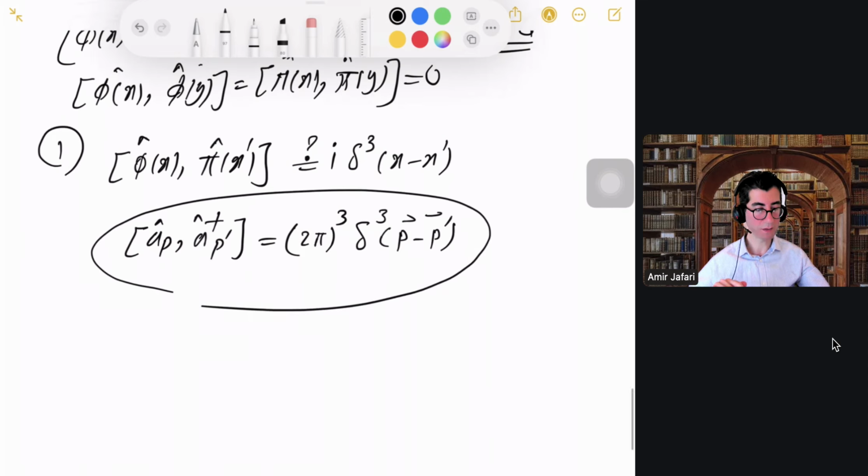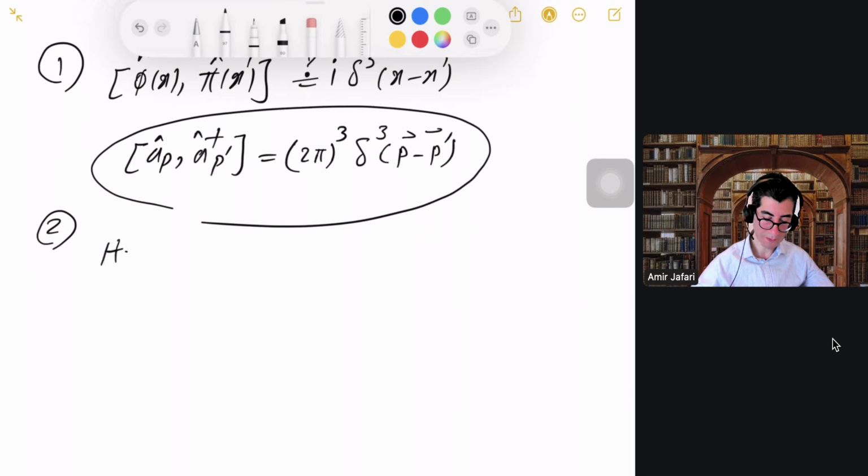And also another calculation I encourage you to do yourself is the Hamiltonian. You can write the Hamiltonian as the integral of the Hamiltonian density, and this can be written now as the integral of d^3p prime, times some expression here. Again, this is too simple to do here.